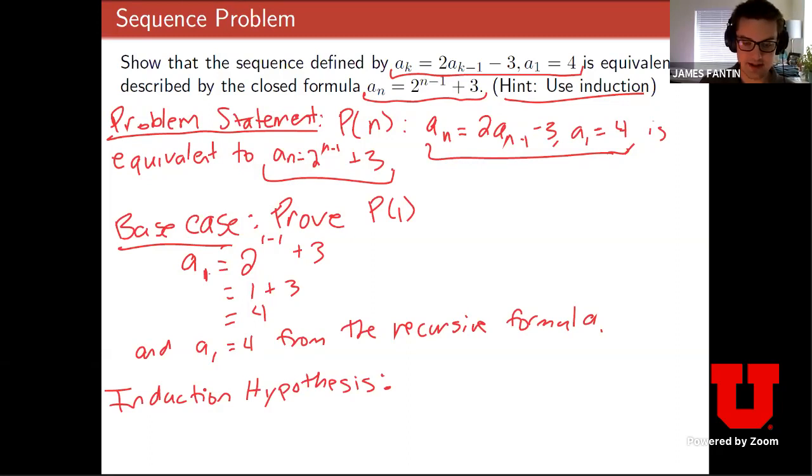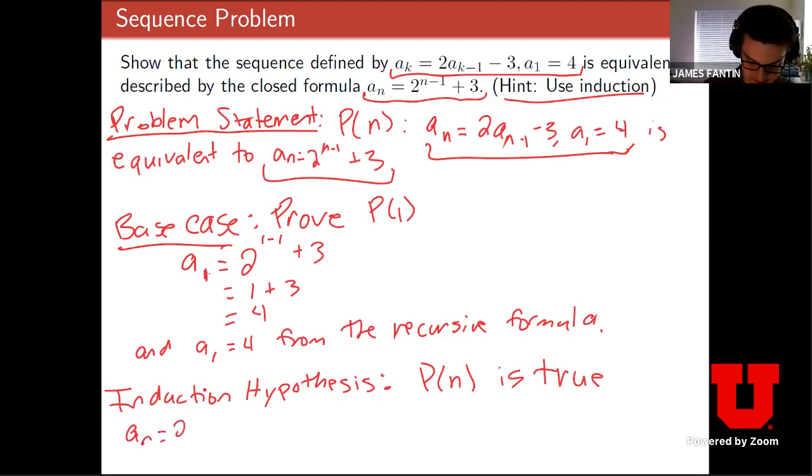Yeah, somebody's put in chat, the induction hypothesis is that P sub n is true. Or in other words, if we expanded that, we assume that a sub n equals 2 a sub n minus 1 minus 3, a sub 1 equals 4, is equivalent to the closed form.